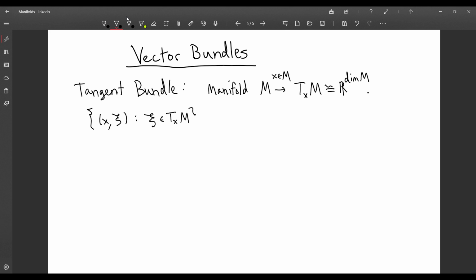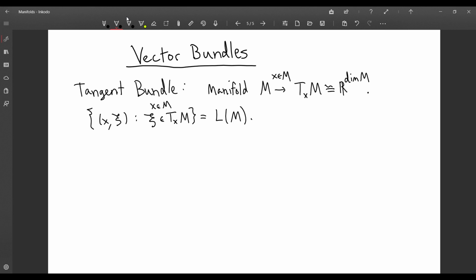This is what we call the tangent bundle, and we're going to denote it as L of M. Essentially you take a point in M and then consider all the possible vectors at that point, for each x in M.